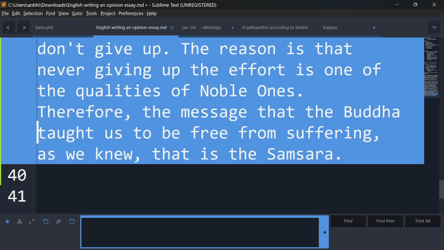Samsara is the suffering he means. I also don't understand the end of that, is the samsara. Almost we understand, but the end is the samsara is... I cannot understand. You can? Can I translate in Thai?